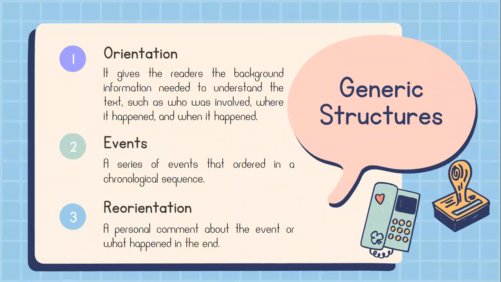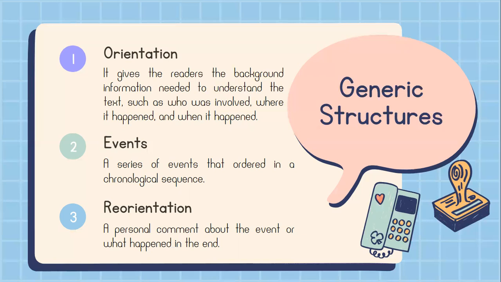All right, now we are going to discuss the generic structures of recount text. Recount text has three generic structures. The first one is orientation. It gives the readers the background information needed to understand the text, such as who was involved, where it happened, and when it happened. The second one is events.